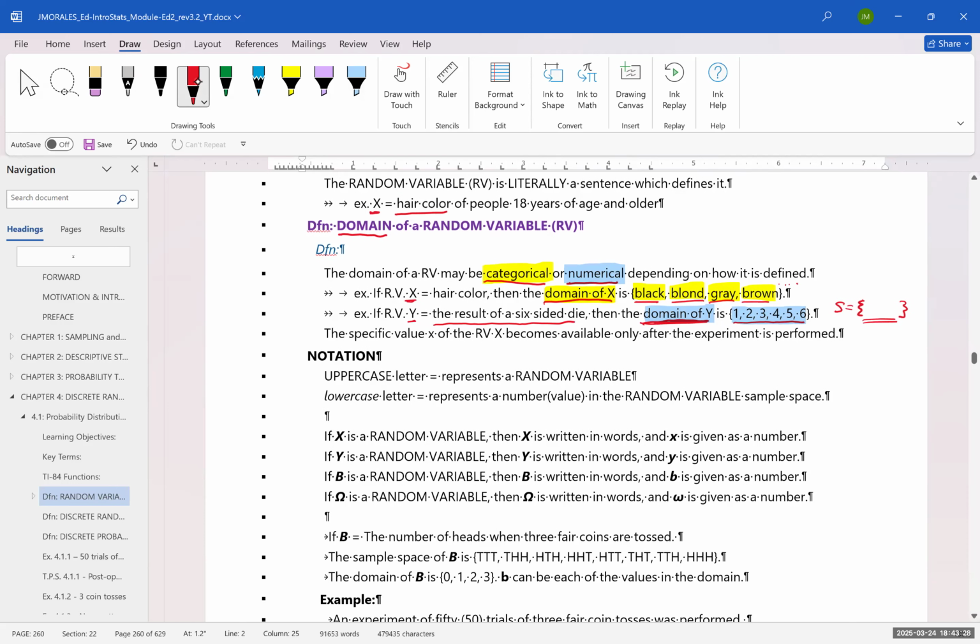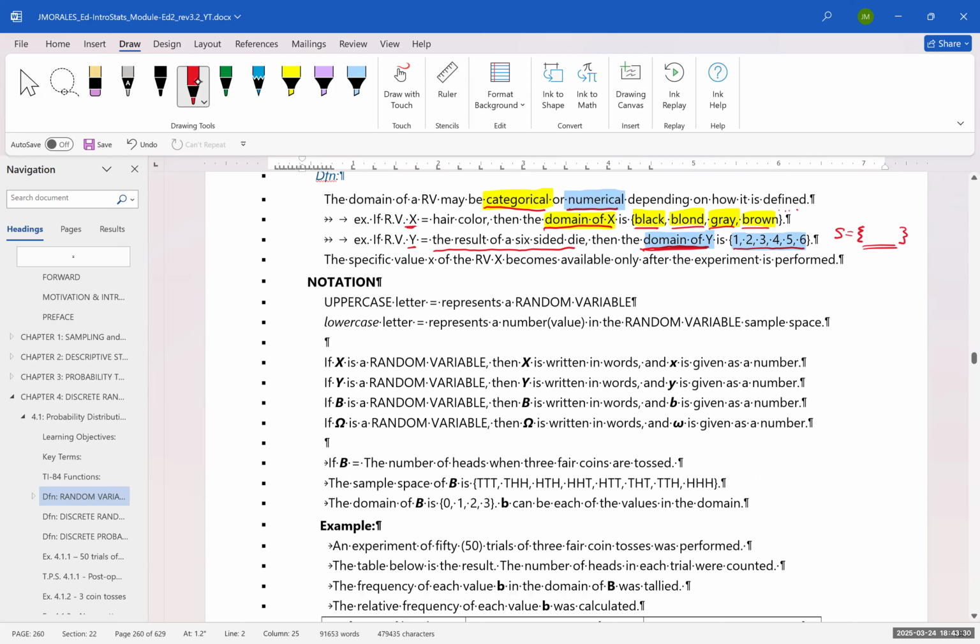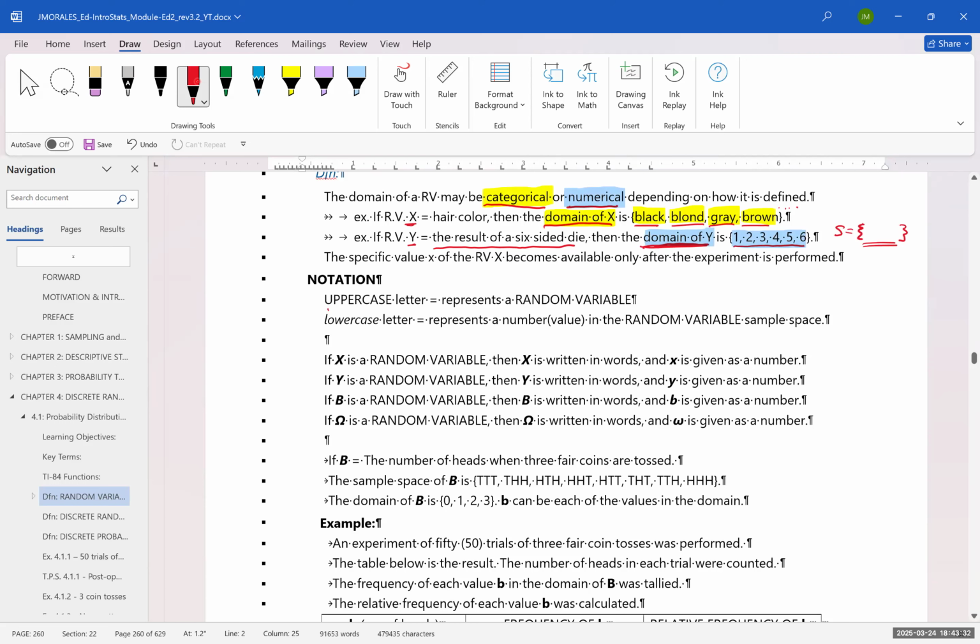To go a little bit more into the notation for random variables, an uppercase letter represents the random variable. Previously I had used capital X and capital Y, but the lowercase letter represents a number or value in the random variable itself. For example, we had defined capital letter X to be the random variable for hair color.